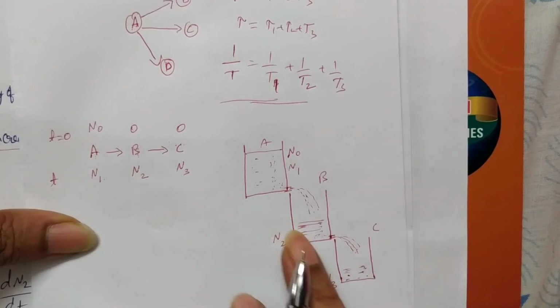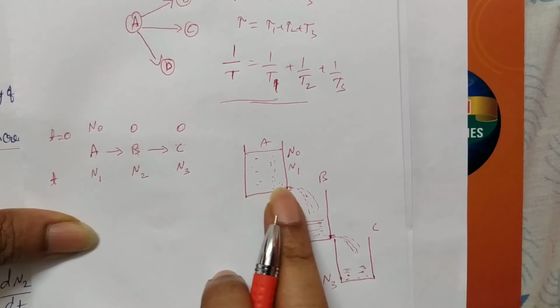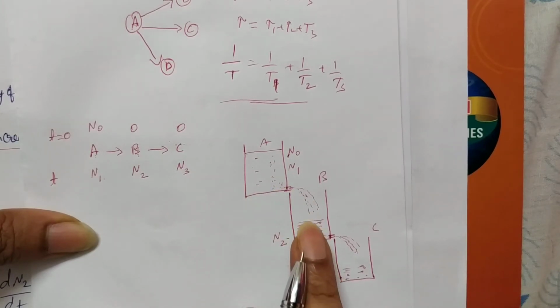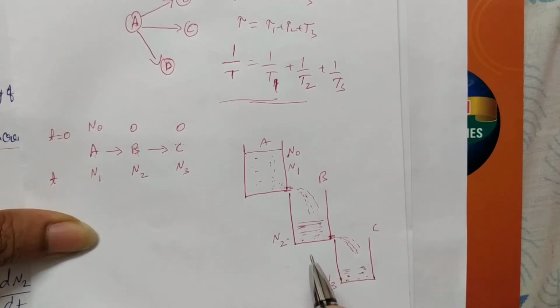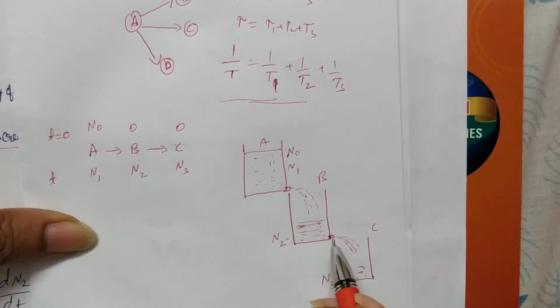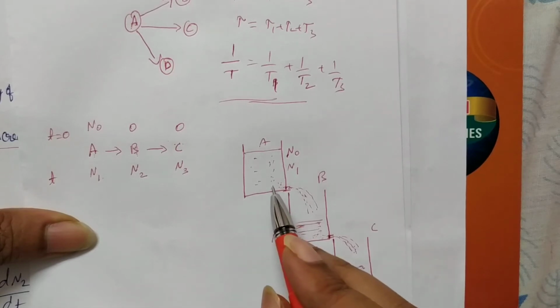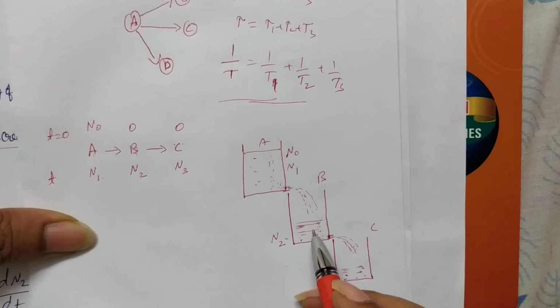Initially that happens. Why? Because the high liquid level in A flows with high velocity into B, so the liquid level increases. Here a very low level is there, so the leaking speed is also very low. But after some time, if the B liquid leaks faster because of the increasing level, and the amount flowing from B to C becomes more than the amount flowing from A to B, then this liquid level decreases.